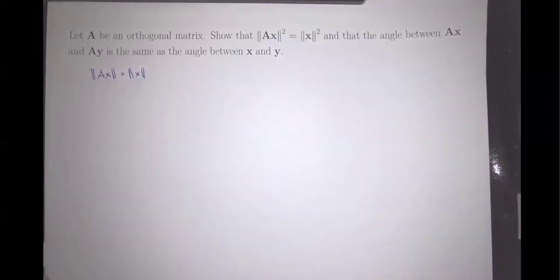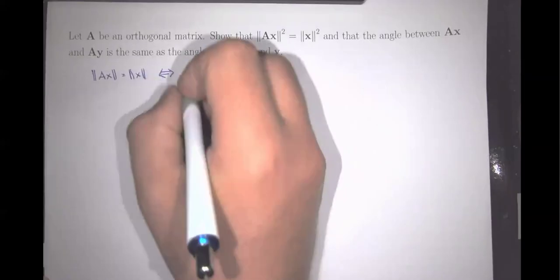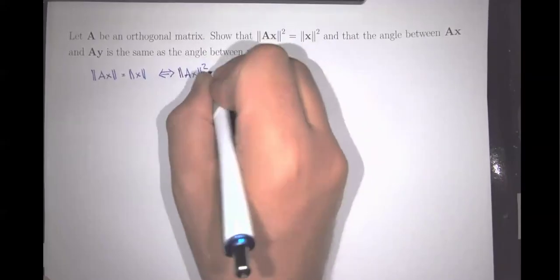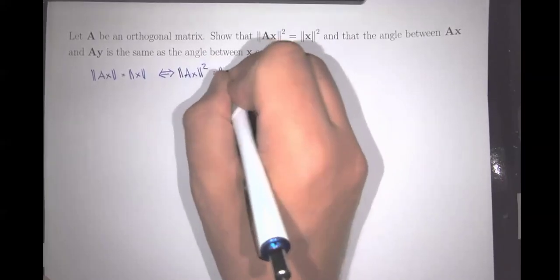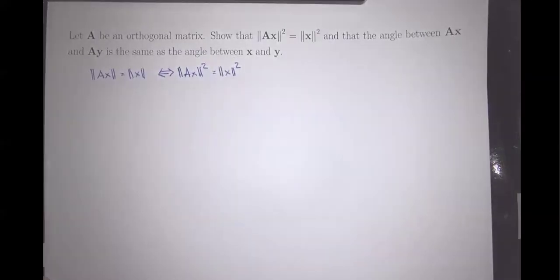So we want to show that the length of AX is equal to the length of X. Now, because both of these lengths are greater than or equal to 0, this is equivalent to showing that the length of AX squared is equal to the length of X squared. Okay, so that's the first thing we want to show in this example.